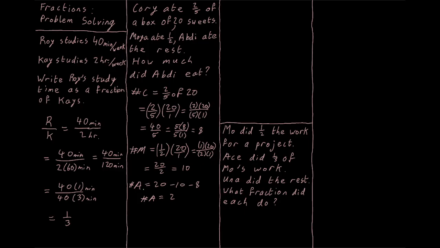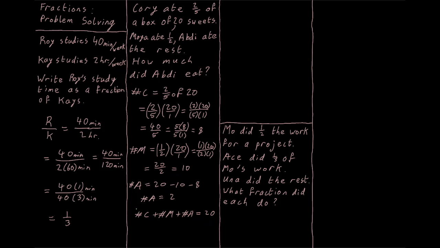So we can write that argument out more clearly by saying that the number of sweets that Corey ate plus the number of sweets that Moya ate plus the number of sweets that Abdi ate would have to all add up to 20 sweets. That's really where this argument is coming from.